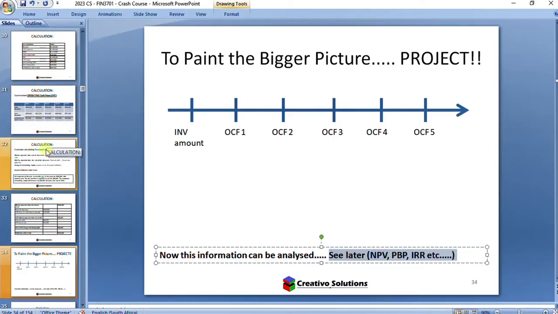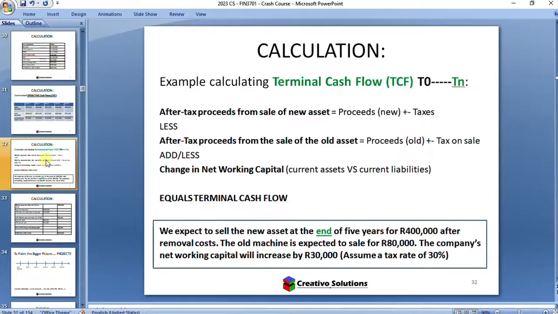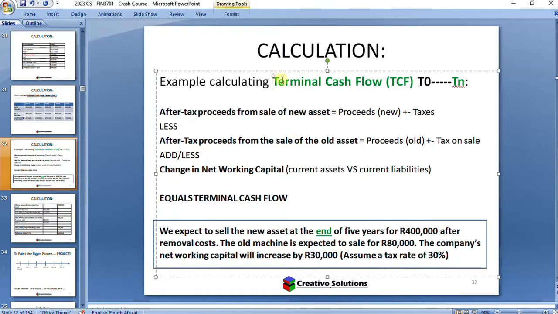Are you happy with the initial investment and the operating cash flow? Yes. Okay, this one does come up sometimes, but they generally don't ask it too often. Just a little note here. I've put this in bold and in green.